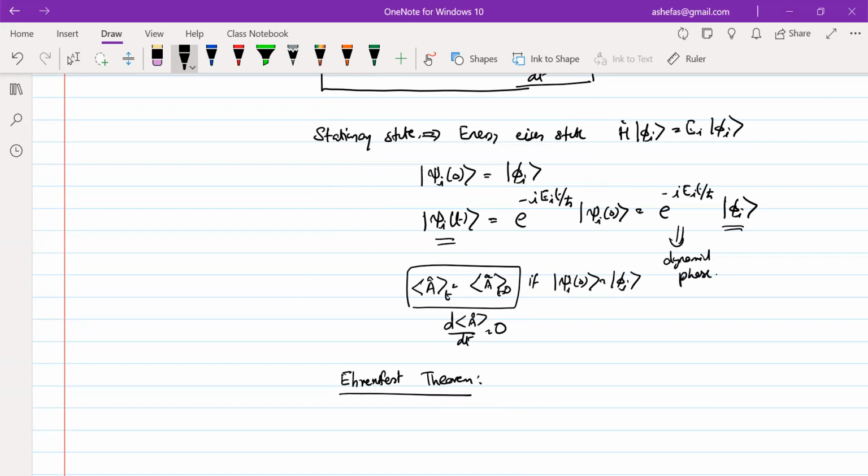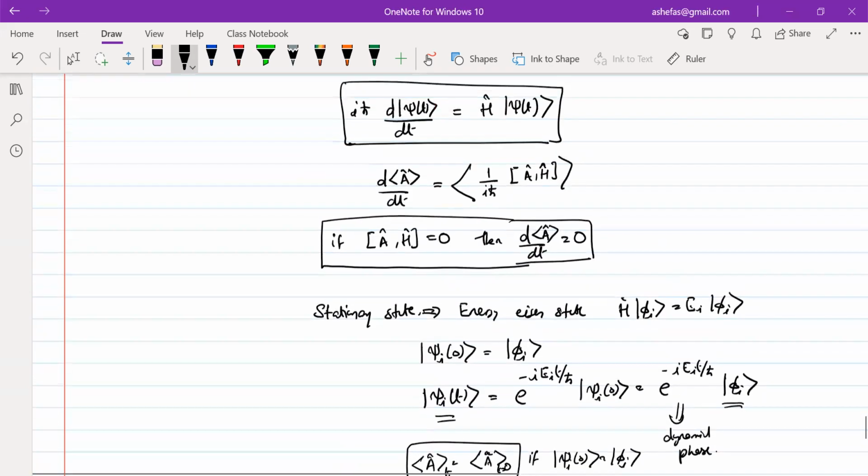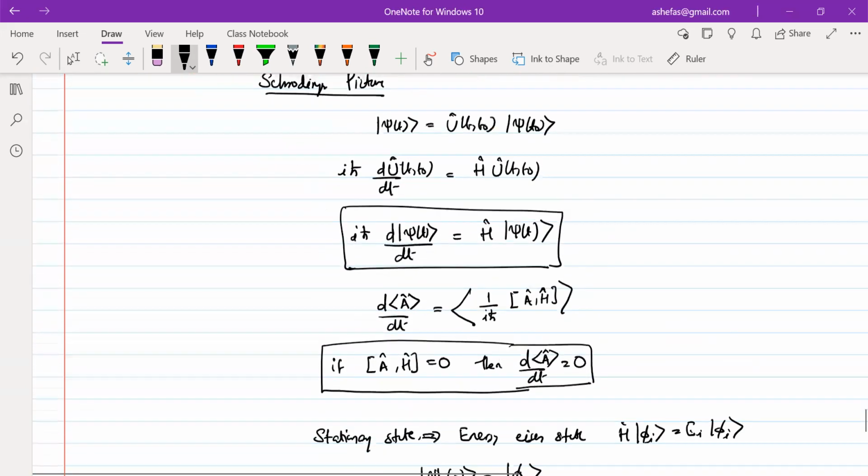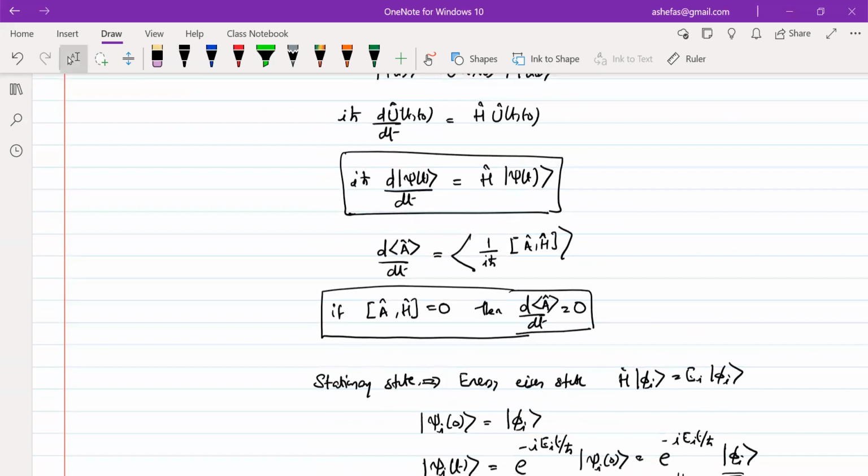We just have to replace the classical dynamical variable with the corresponding quantum mechanical expectation value of the operator in order to get the equation of motion. With this, we have completed our discussion about the Schrodinger picture. The main takeaway is this equation.